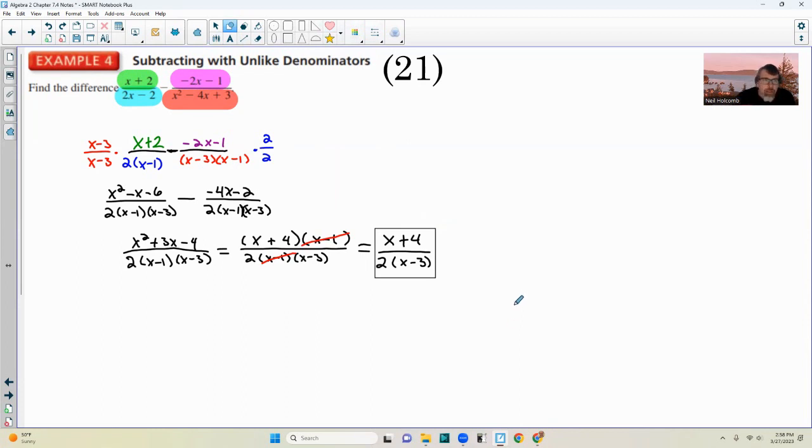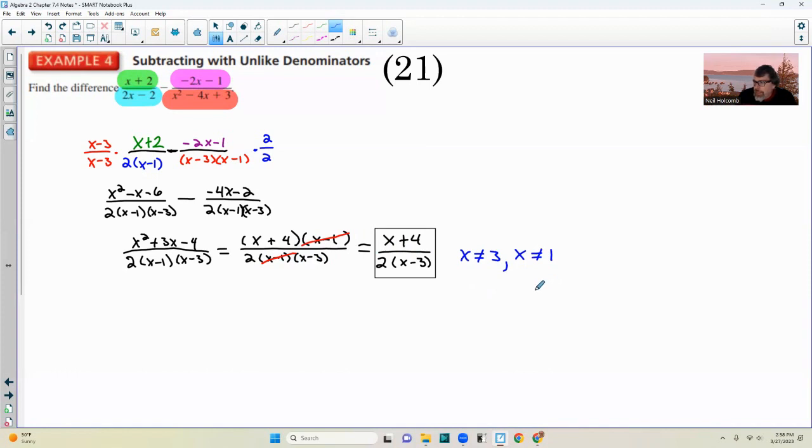Okay, and then we also have to restrict our domain. So x cannot equal 3, comma, x cannot equal 1.